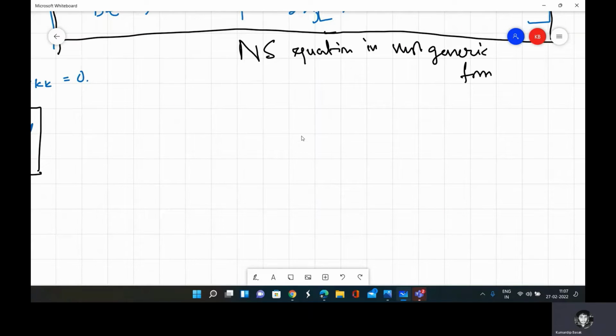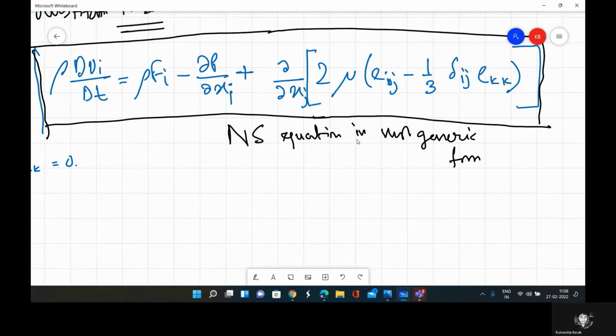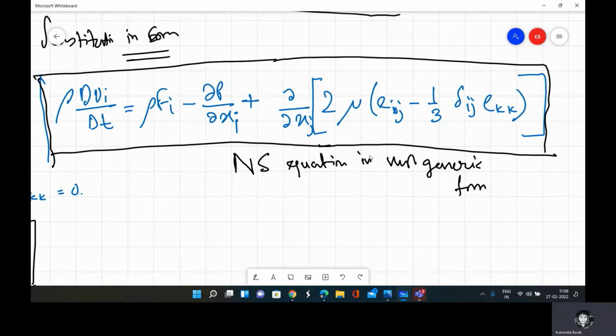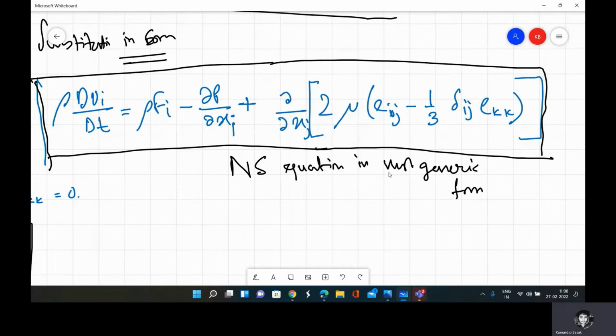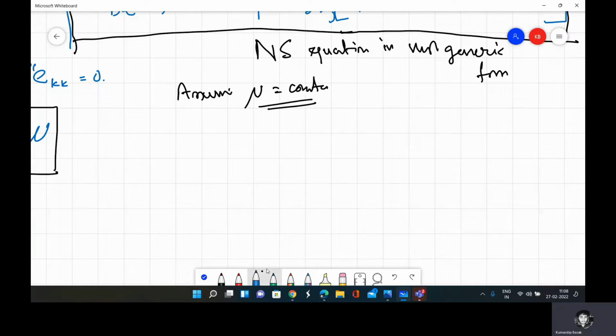where we will derive the Navier Stokes equation assuming incompressible flow. So the number one assumption we can take is that mu is constant, the coefficient of viscosity we are considering constant. And for the incompressible fluid assumption, we can take rho is also constant. So first let's take one assumption at a time. Assuming mu is constant, what are we getting?